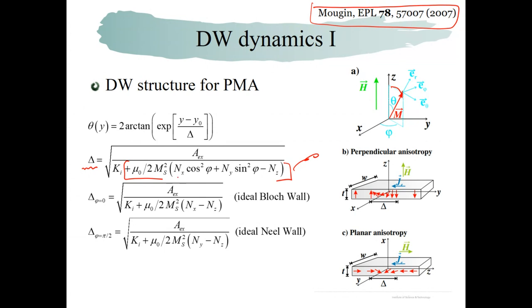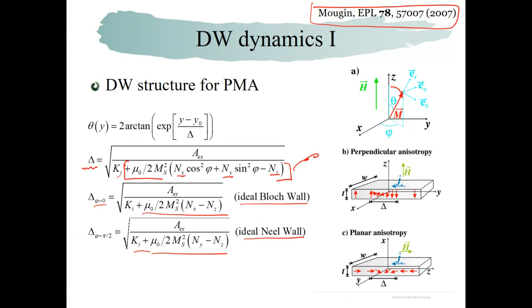And this Nx, Ny, Nz comes from the shape anisotropy of your samples. So in thin films, and if we think about the ideal Bloch wall or Néel wall, we have a little bit different shape. So anyway, this additional term comes from the shape anisotropy, and this is the intrinsic anisotropy. So this is actually the total anisotropy of your system.